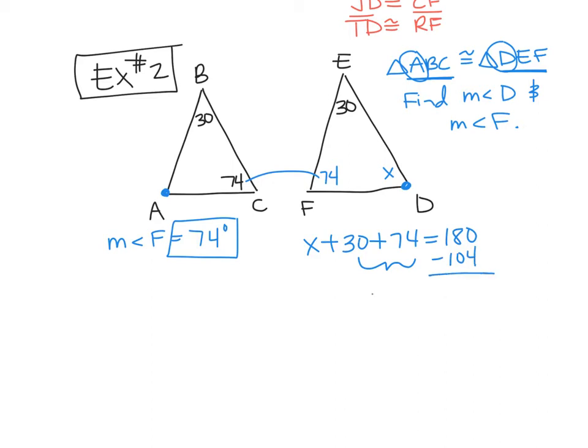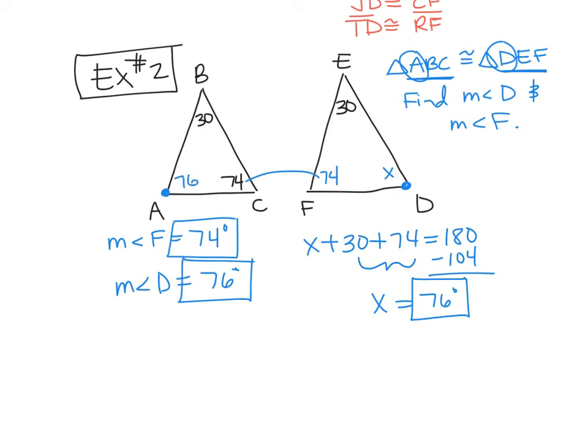So X comes out to 76 degrees. That means the measure of angle D is 76 degrees. Okay, what would the measure of angle A be? 76 also. It just flips over onto that same picture. So these would both be 76. Okay, questions on that? That a hand up? No? Okay, that's okay. Just making sure.